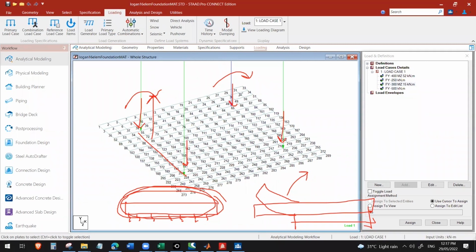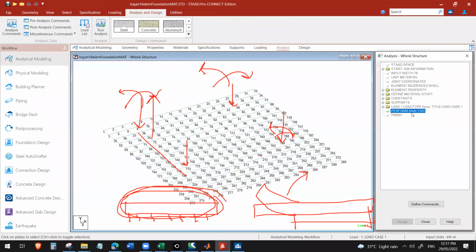Although in actual, you can have moments on the other side too. And that's it, we can now analyze this.